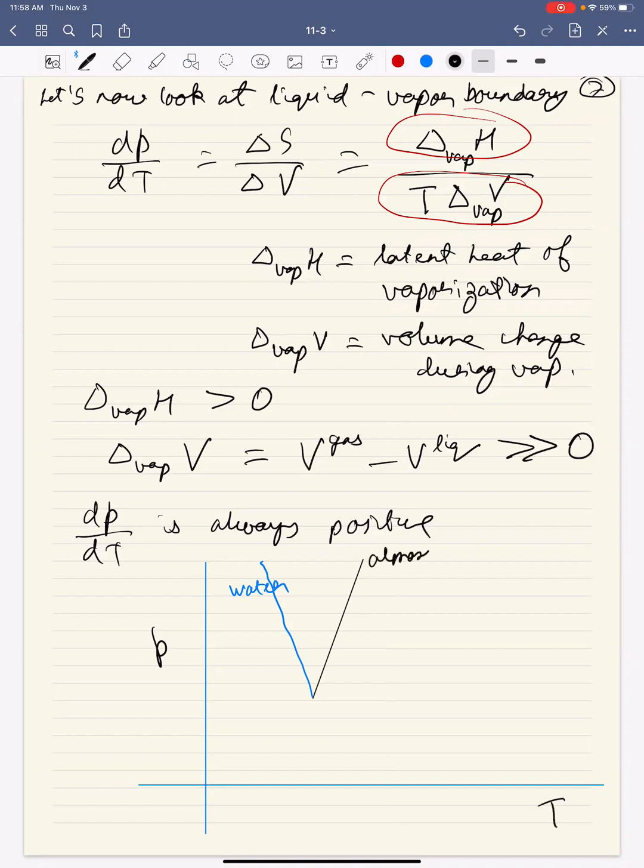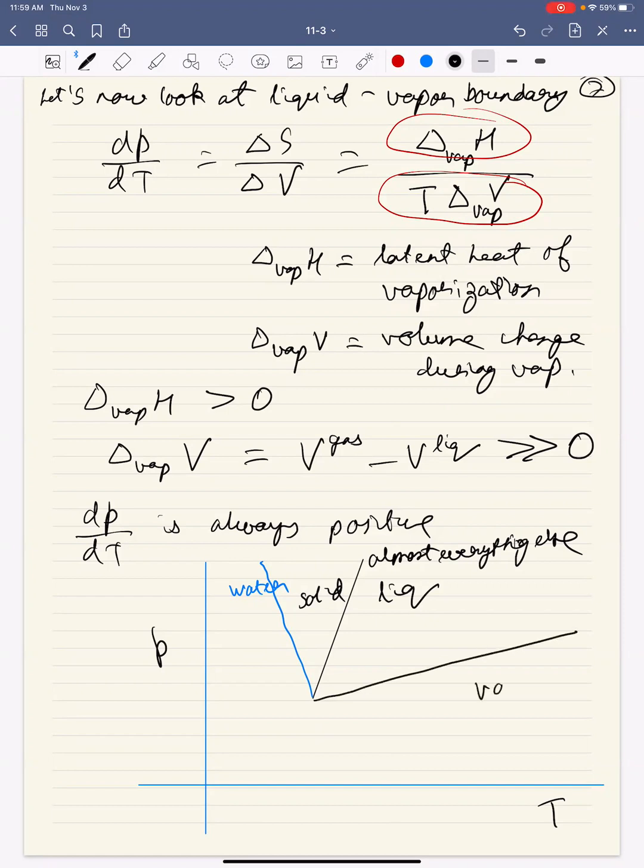Almost everything else, and this was our solid liquid boundary. And now we are talking about the liquid vapor boundary. So the slope of the liquid vapor boundary curve is also positive, but it's less positive than solid liquid. Okay, so it's going to look something like this.